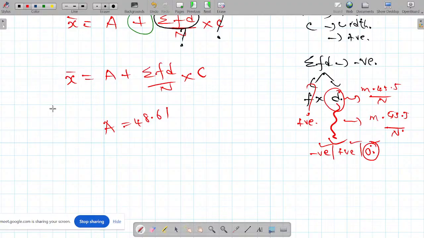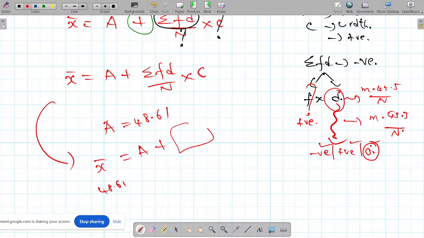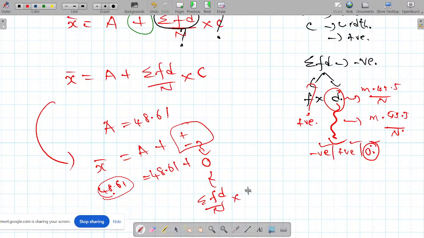Already x bar is 48.61. A plus this value has to be either positive or negative. I am taking the assumed mean to be 48.61. So this value is going to be 0, which is summation fd by n into c happens to be 0 only, then I'll get the same value.